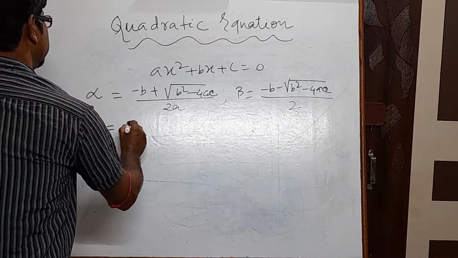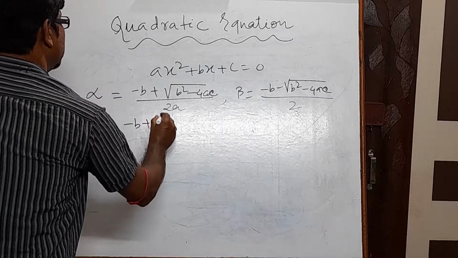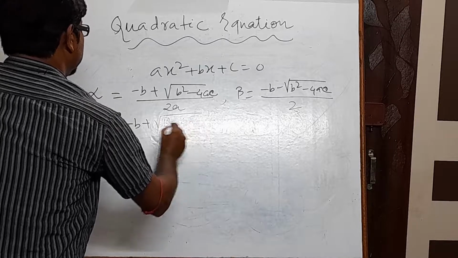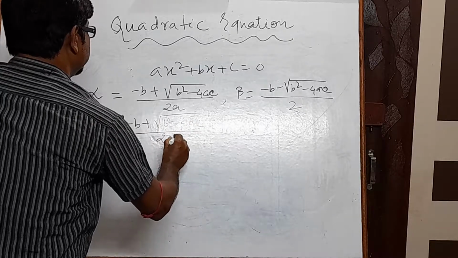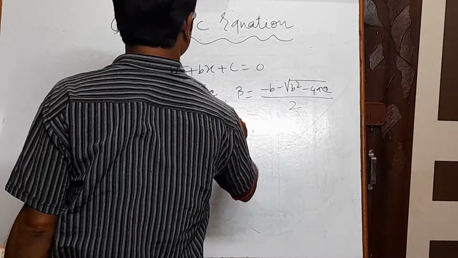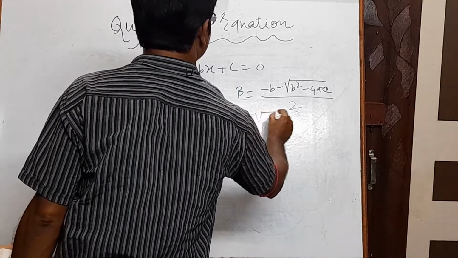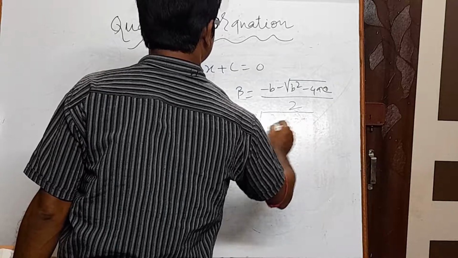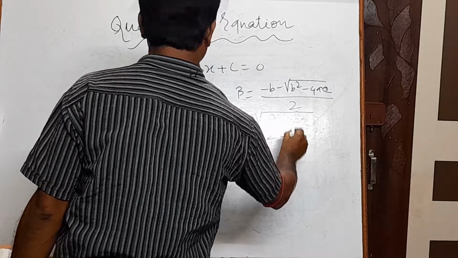Alpha means this one, minus b plus under root b square minus 4ac by 2a, and beta means minus b minus under root b square minus 4ac by 2a.